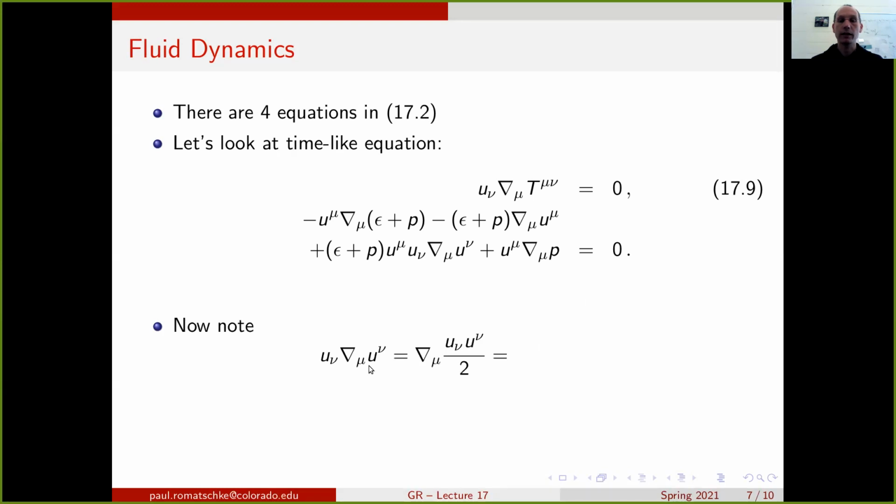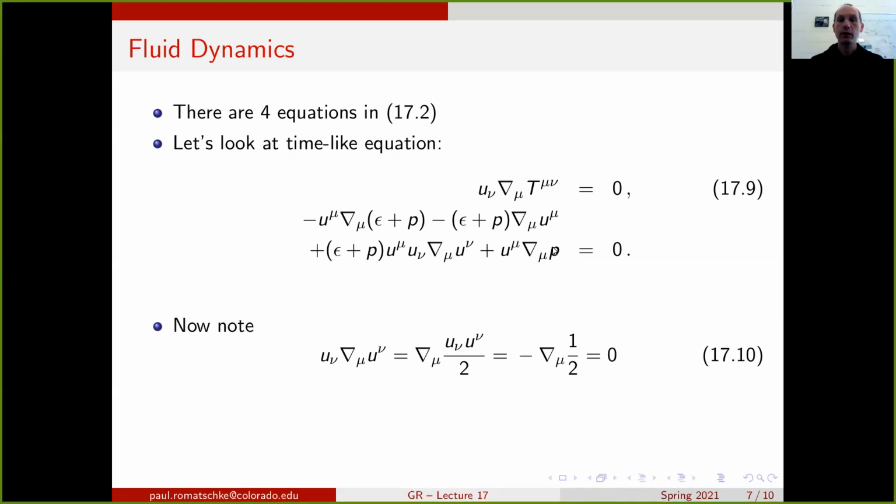So we can write this as the derivative of u^ν u_ν over 2, because that's what gives us back this form. Now use the fact that u^ν u_ν is just minus 1. So we get the derivative of minus 1/2, which is just 0. And this means that this term, which contains the derivative of u^ν projected onto u_ν, vanishes because it's just 0.